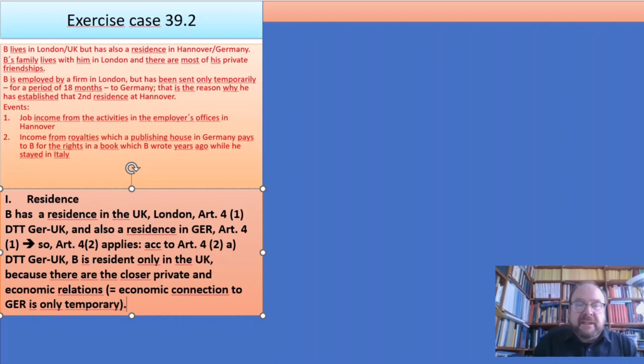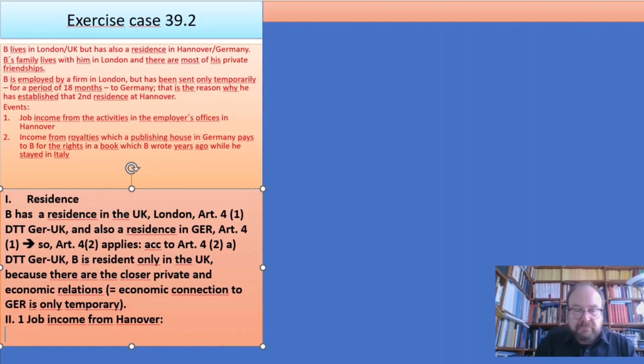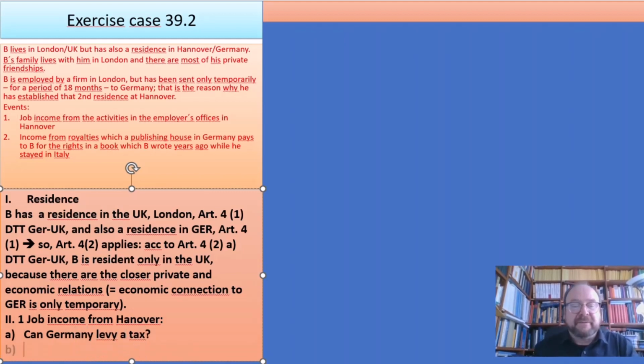Okay, that brings us directly to the events. The job income from Hanover. Can Germany levy a tax? Because Germany is the state of non-residence, the question regarding Germany is the first one, because you know, they always ask first for the source state treatment and then for the reaction of the state of residence.